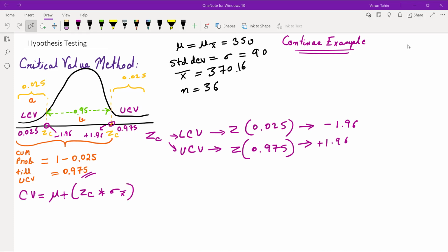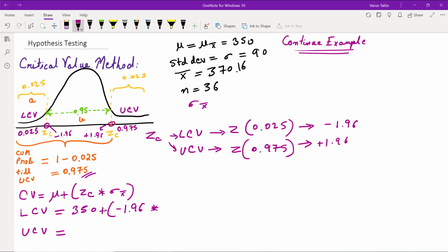Now we will substitute the values in the critical value formula and calculate the LCV and UCV, which are actual values. For LCV it will be mu, that is 350, plus the value of Z critical, which in this case is minus 1.96, into standard error.